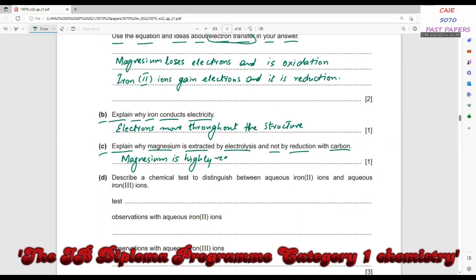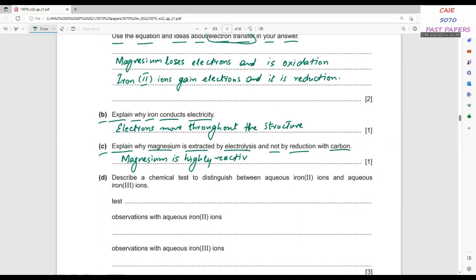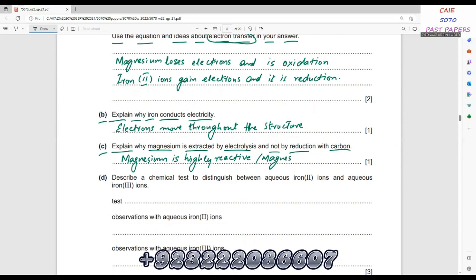Or you can even refer to the position of magnesium in the reactivity series. Magnesium is high in the reactivity series.